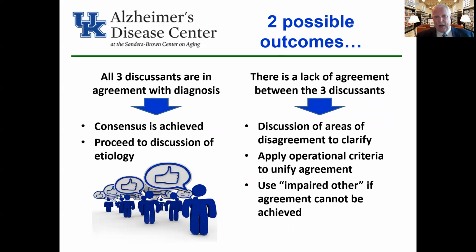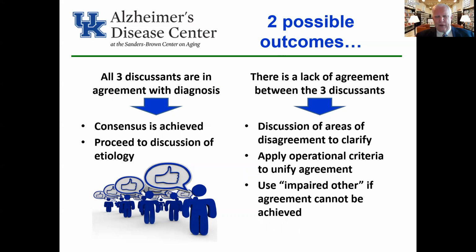Alternatively, there are many times when there is a lack of agreement between the three discussants, where one or more may feel that the subject is impaired, meeting criteria for MCI or dementia, or impaired other, and other members of that group feel that no, they're really not impaired, or that they may fit into one diagnostic category or the other.